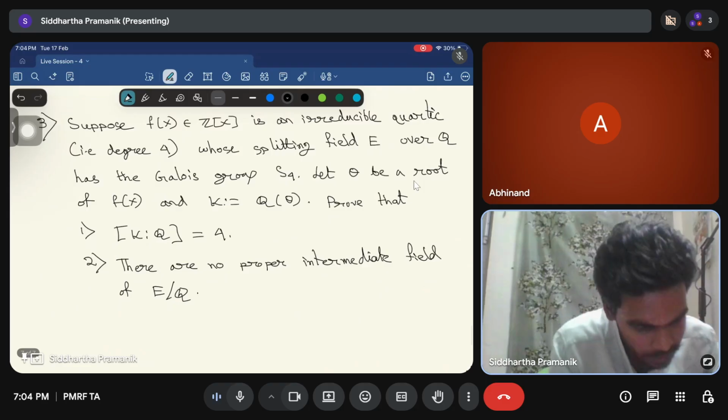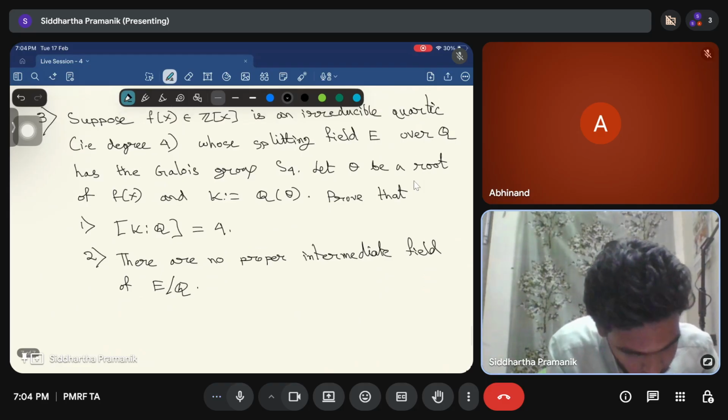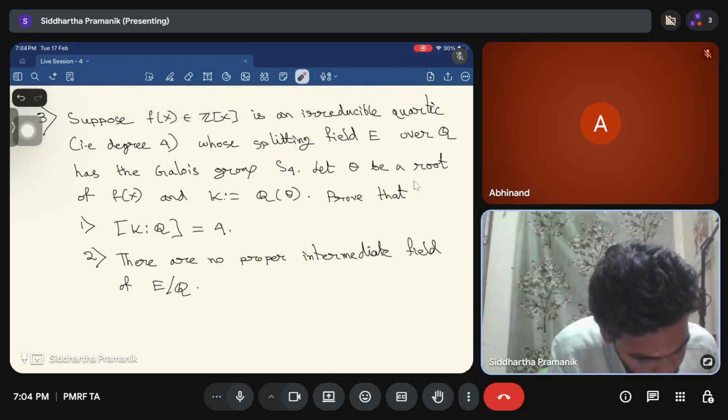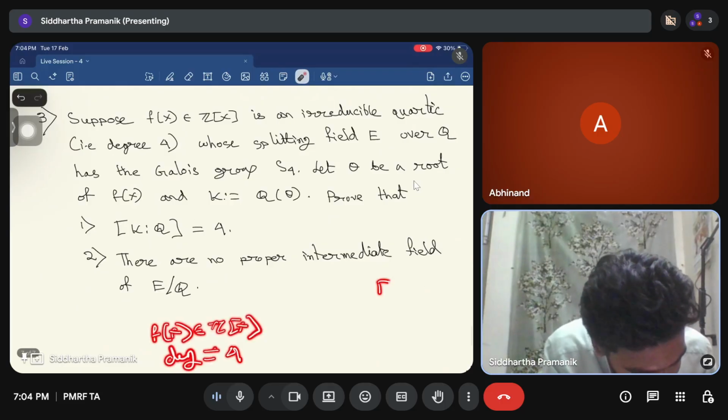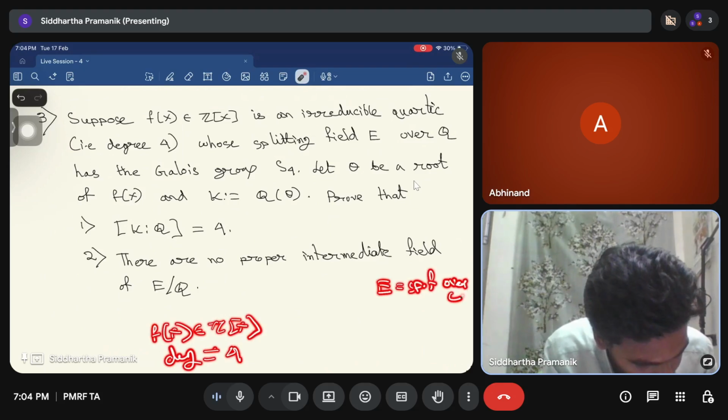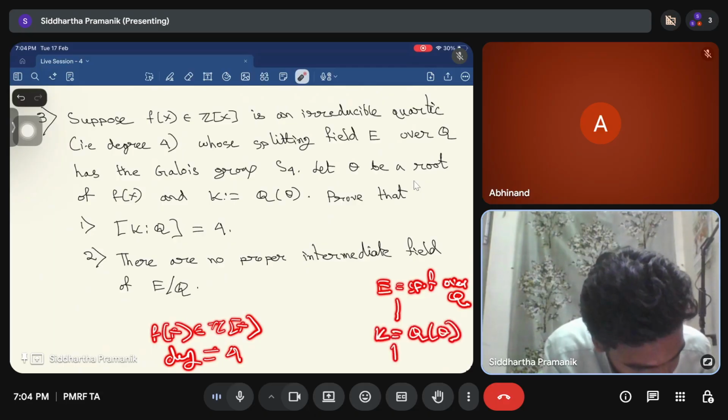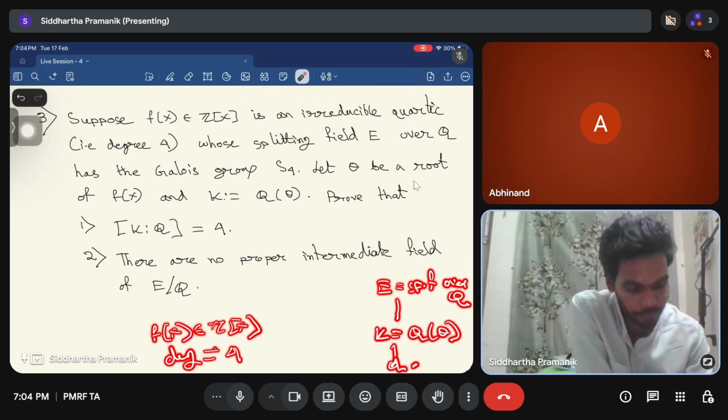Okay, now let me explain the problem. We have taken a polynomial f(x) belongs to Z[x], which is irreducible and of degree 4. And E is the splitting field of f over Q, and K is the field adjoining a root, and we have Q in this field.